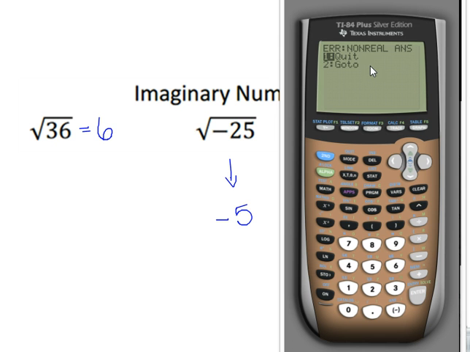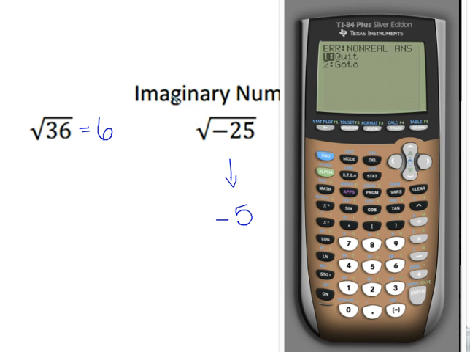And I really want you to take a look at what this says. It says non-real answer. So we're not going to get a real number, meaning negative 5 or 0 or a half or any number that you've already been used to using in your mathematical career. The actual answer to this problem is not real.